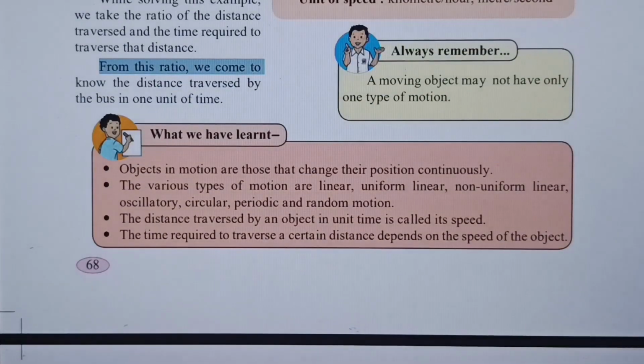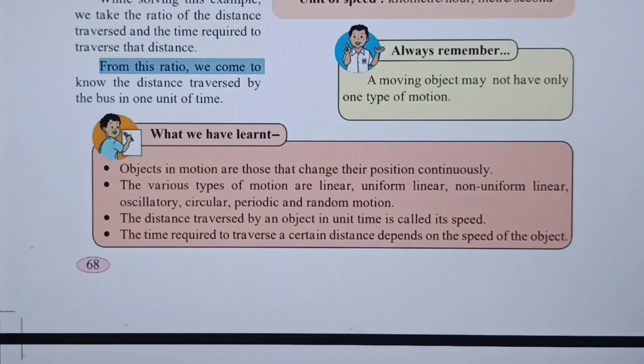Objects in motion are those that change their position continuously. So motion is changing position. The various types of motion are uniform linear, non-uniform linear, oscillatory, circular, periodic, and random motion.